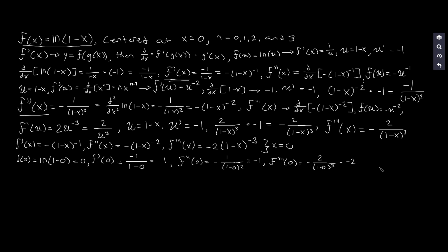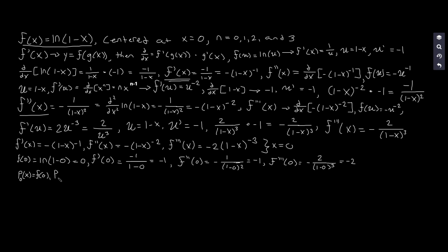All right. Well, we have to do p of 0, or excuse me, p sub 0 of x. P sub 0 of x equals f of 0. Okay? And f of 0 equals 0.